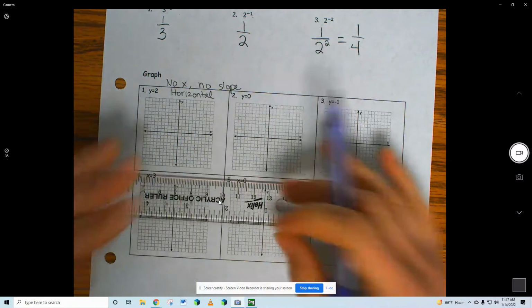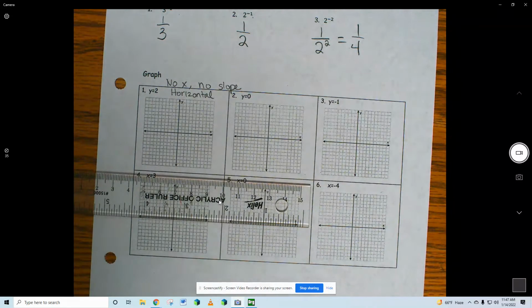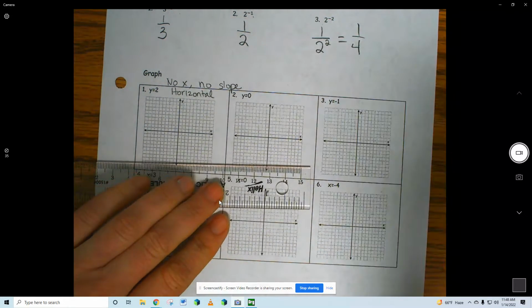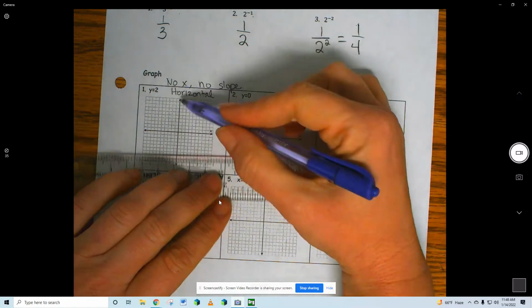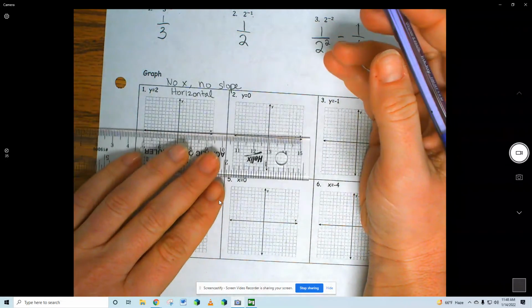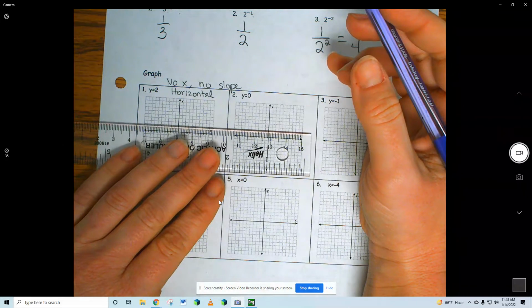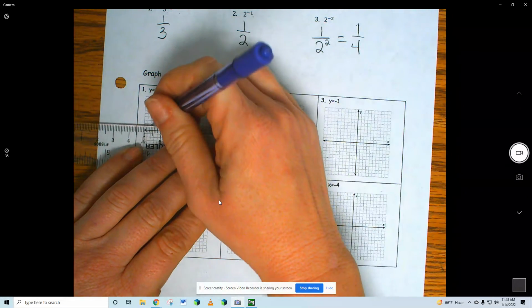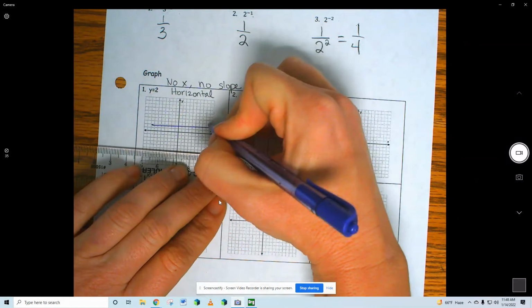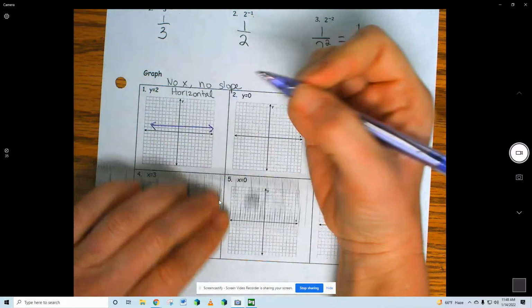Since it says y equals 2, I'm going to go on the y-axis to 2. And I'm making a straight horizontal line.